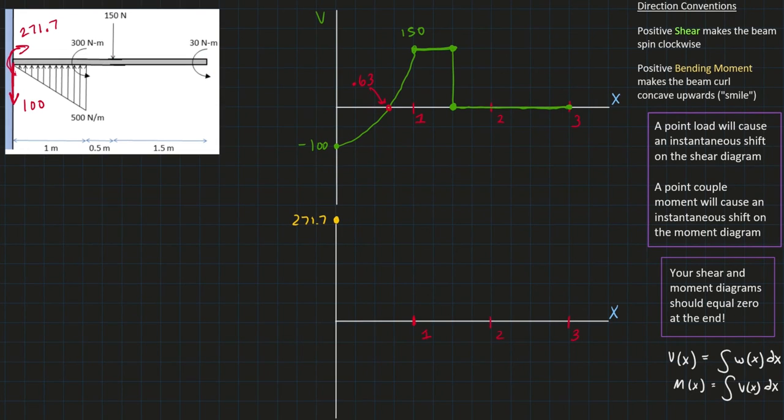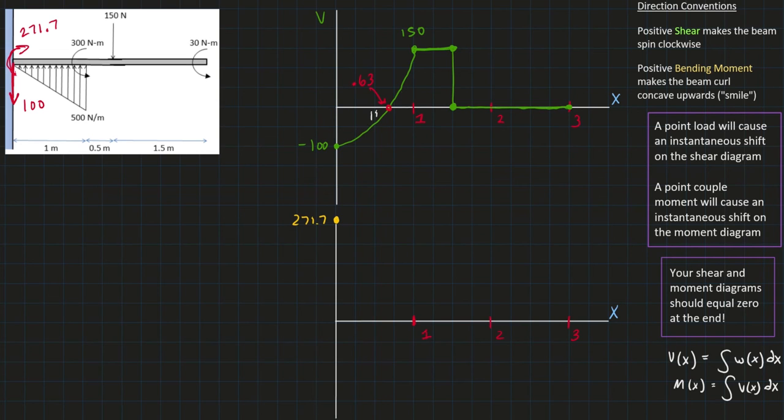Alright, so now we got to find our bending moment diagram, which means we have to take the area underneath this parabolic curve here. The problem is that that's not an easy area to calculate. It's not like it's a triangle or a rectangle. So this is where this second method, the definite integral area under the curve method, really falls short in my opinion.